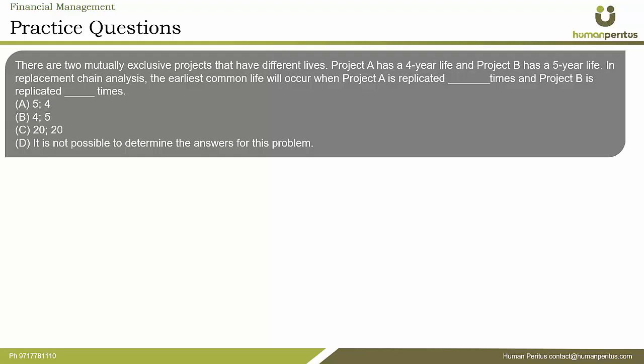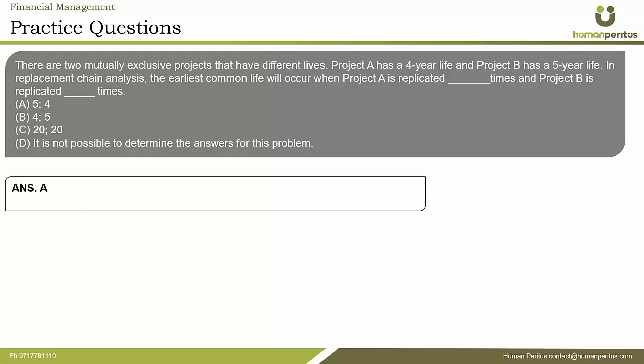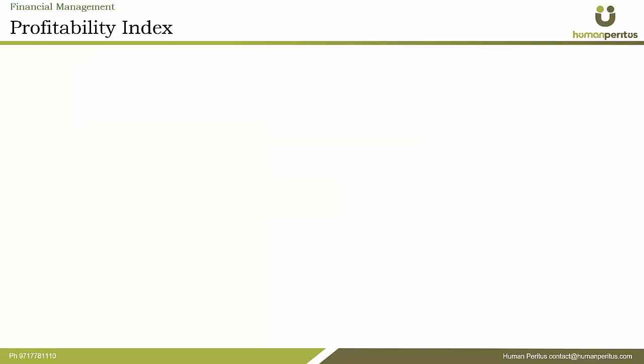Therefore, the correct answer is A and not C. Understood, guys? He did not ask the total timeline. He is asking up to when you will replicate it. Correct answer is A. Let's move on now.